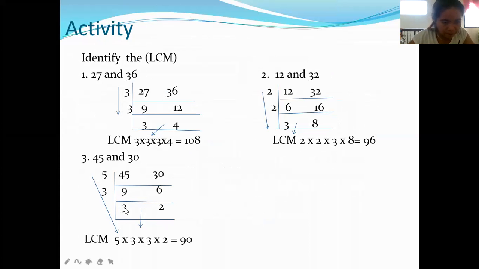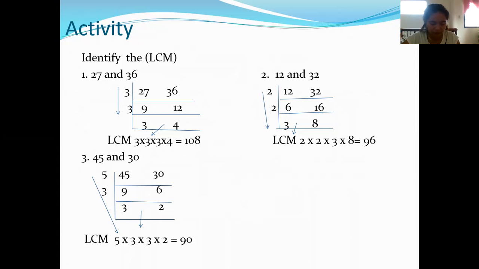So they can no longer be divided. We bring down 3 and 2, and 5 and 3. So 5 times 3 is 15. Then 15 times 3 is 45. Then 45 times 2 is 90. That's why our LCM here is 90.